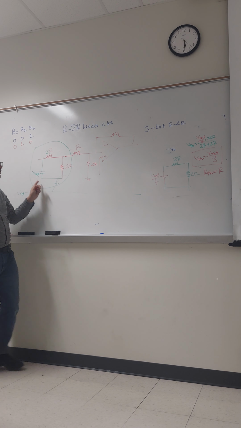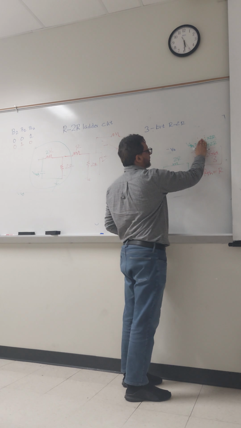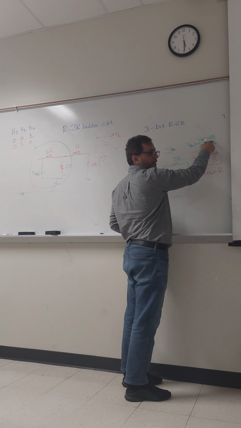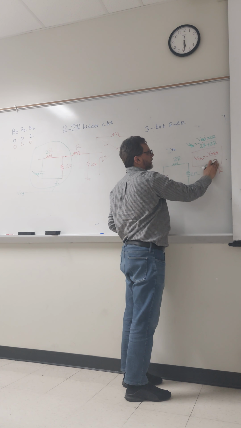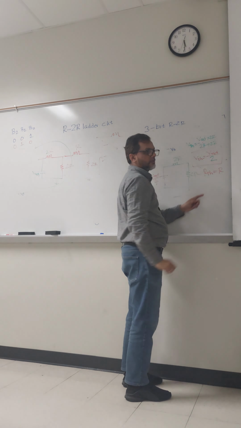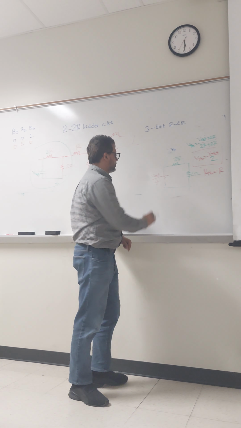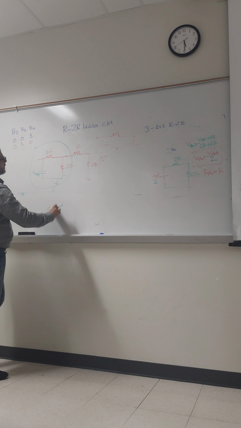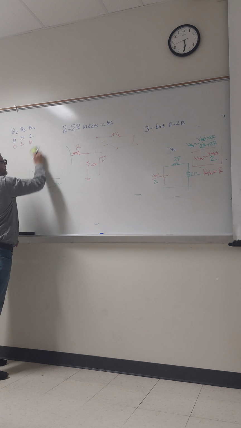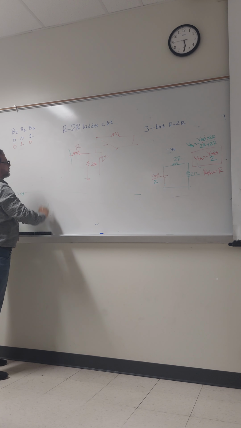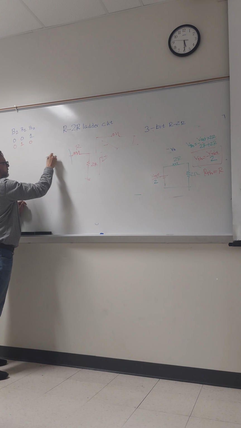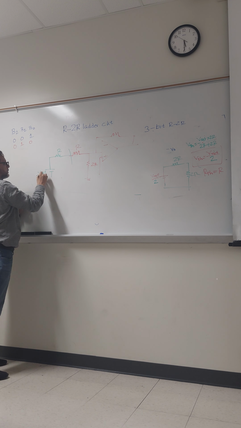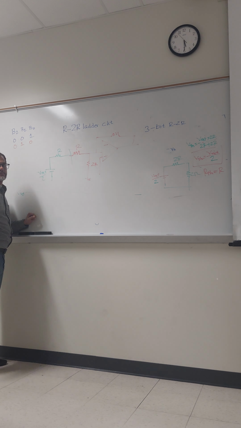So V reference times twice R divided by twice R plus twice R. So we'll get V reference by 2 and RTH equals R. So we got V reference by 2. So we already have reached here. So if I just remove this portion, we saw that we got V reference by 2 and the resistor R.